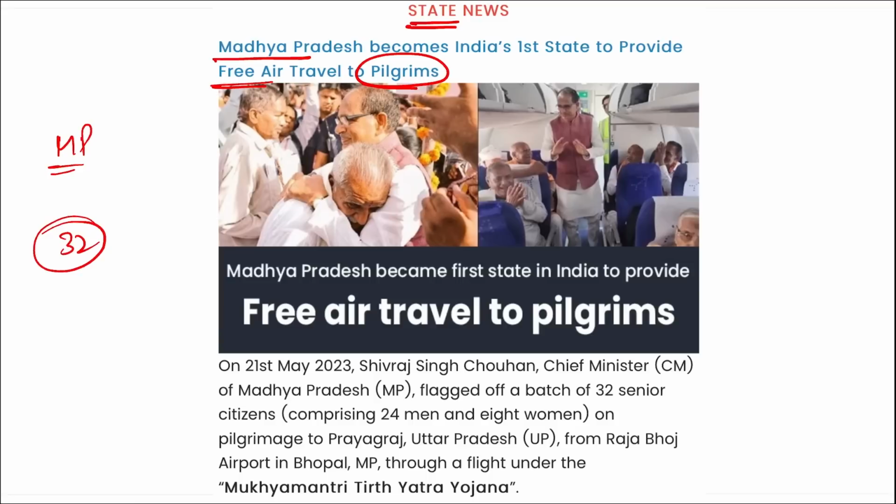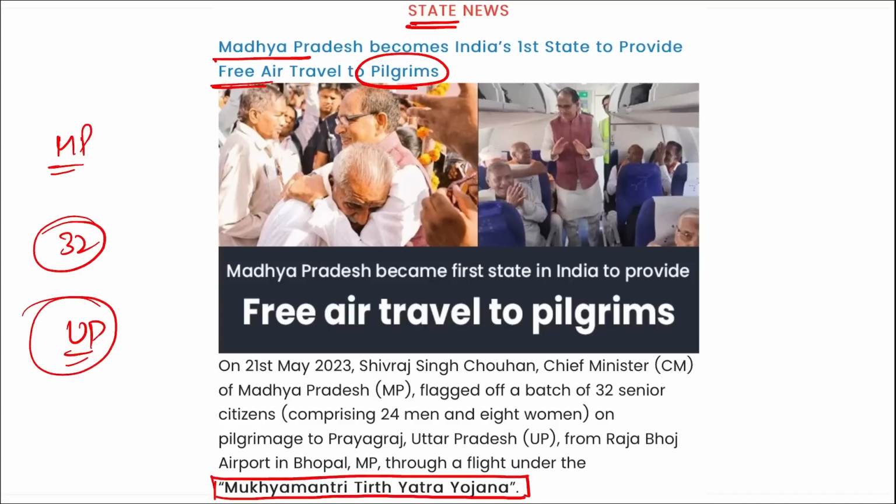These senior citizens were going to visit Prayagraj in UP, right? They were pilgrims, and recently under Mukhyamantri Tirth Yatra Yojana, these people were provided free air travel to Prayagraj, UP, right?